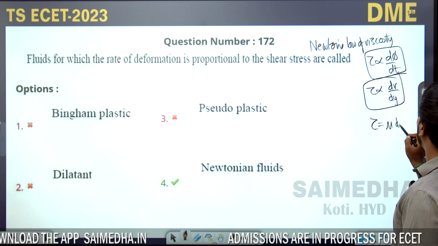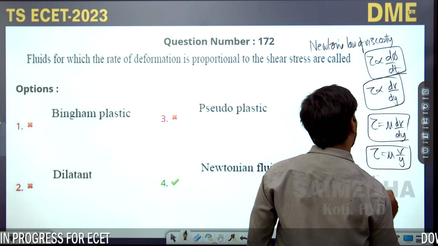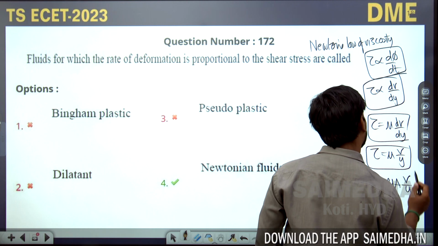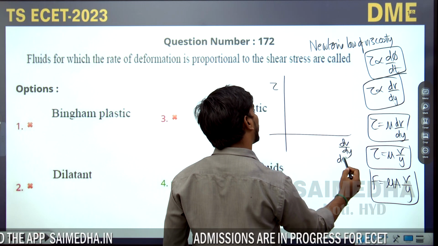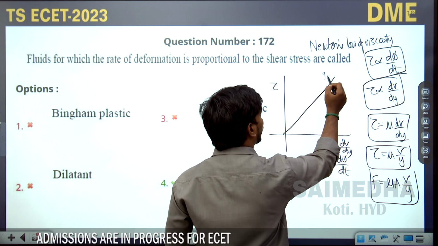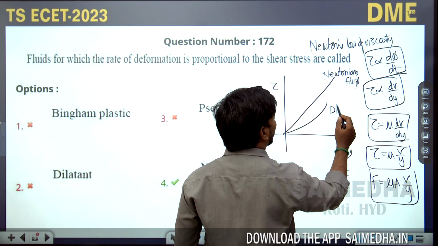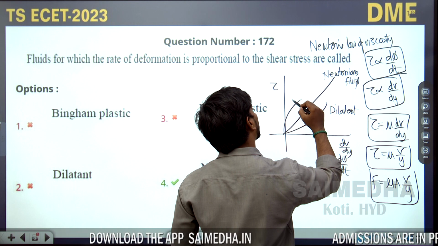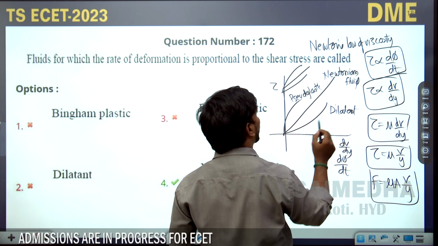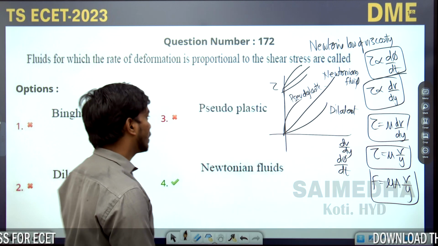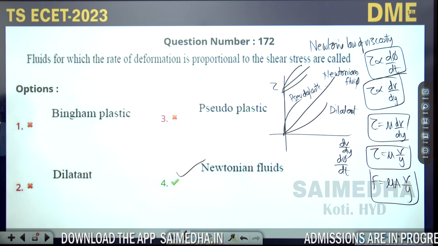Tau equals mu dv by dy, tau equals mu v by y, F equals mu a v by y. In the diagram, shear stress is proportional to velocity gradient or rate of angular deformation. Which fluid is it? Newtonian fluid. Below it comes dilatant, shear thickening, shear thinning, pseudoplastic, then Bingham plastic, thixotropic, rheopectic. What is the asked question? Directly proportional. Newtonian is the correct answer. Check once. Go for the next question.